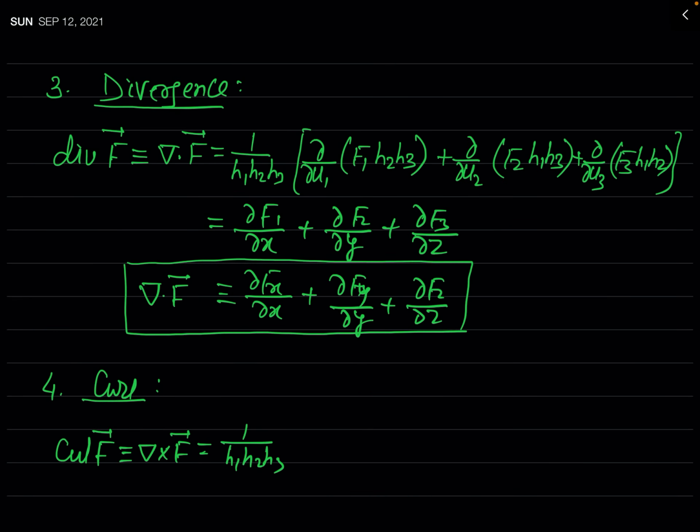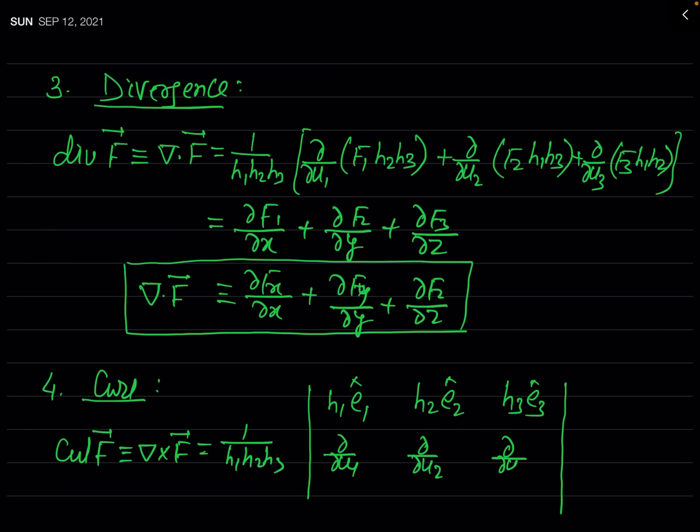This is the determinant of h1 e1 hat, h2 e2 hat, h3 e3 hat; del del u1, del del u2, del del u3; and h1 f1, h2 f2, h3 f3.